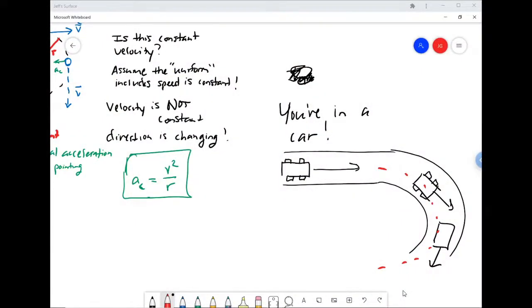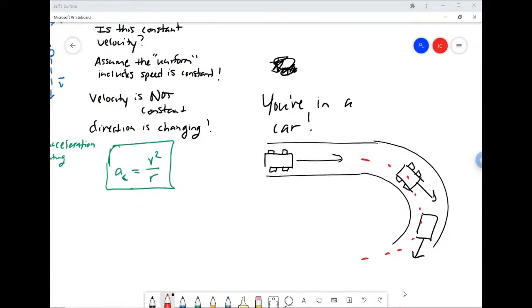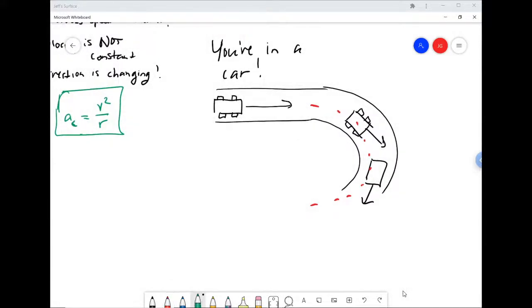But for now, let me add to this foreshadowing a little bit. So you're doing circular motion when you go around a turn, and for that time it's probably well approximated as uniform circular motion.